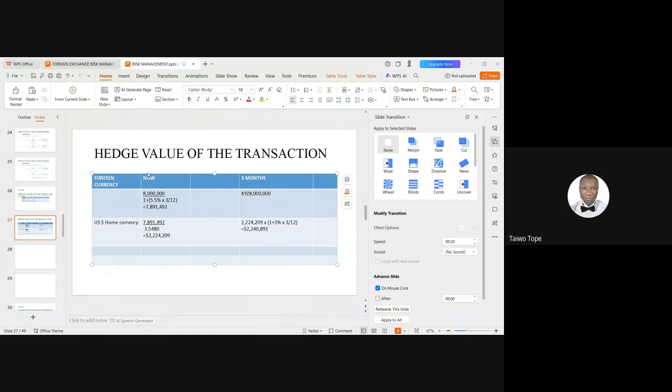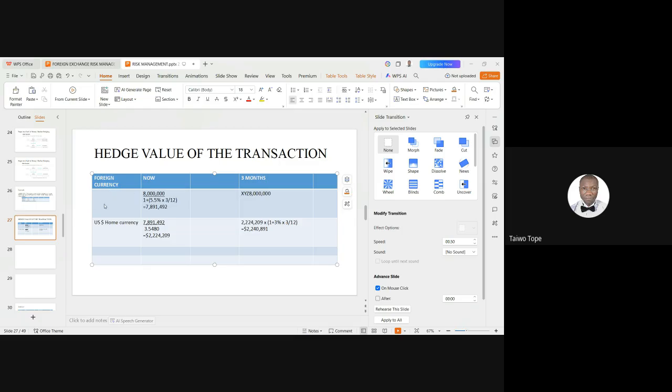Now, based on the question, we are expected to receive 8 million in the next 3 months. And if you're expected to receive 8 million in the next 3 months in a foreign currency, you can quickly go and borrow in that foreign currency. How much will you borrow now that will result in 8 million in the next 3 months?